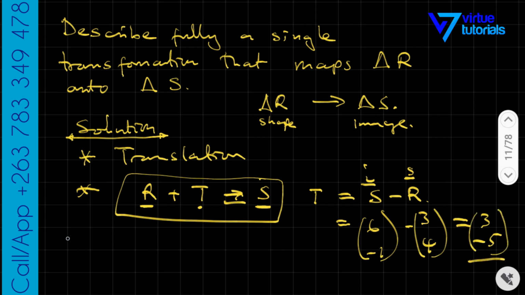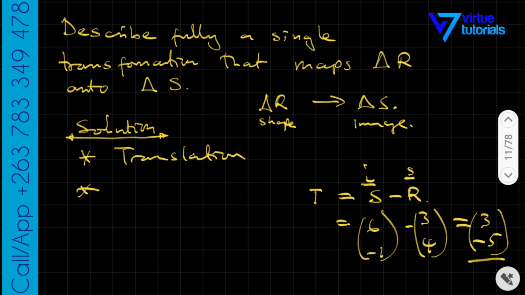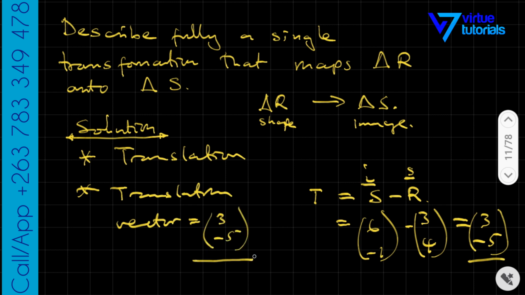So I'll mention that it's a translation, and then I'll also mention the translation vector. I'll say that translation vector is equal to 3, minus 5. So whenever you're describing a translation, make sure you also mention the translation vector. It's very important. How do you find the translation vector?